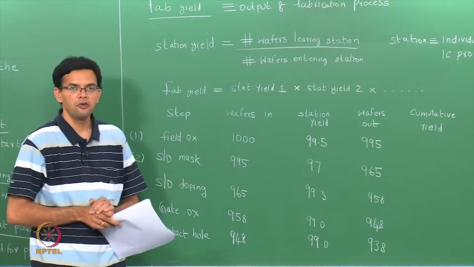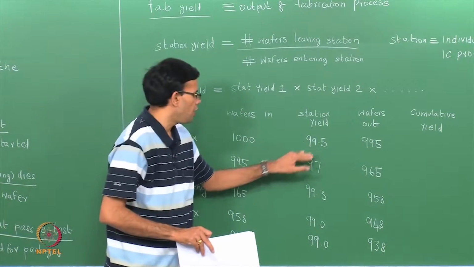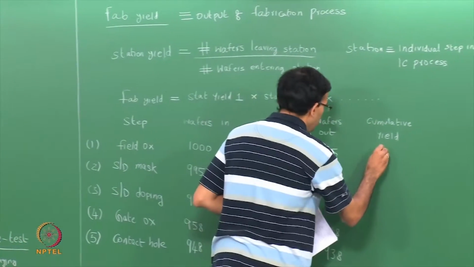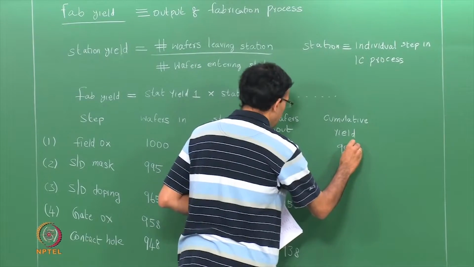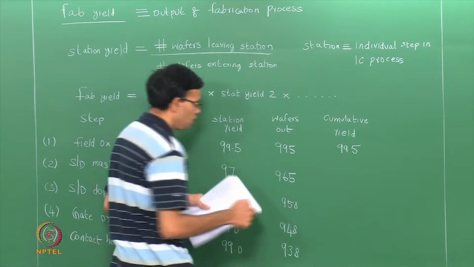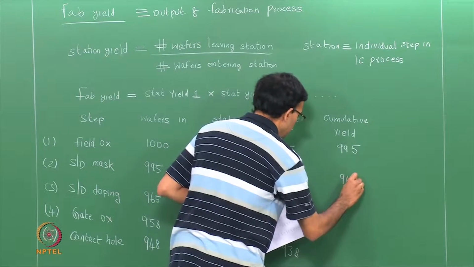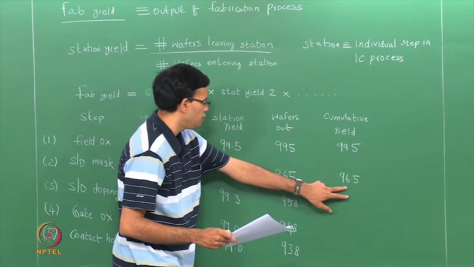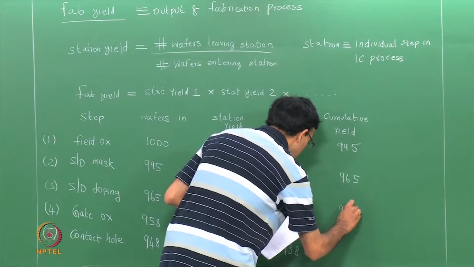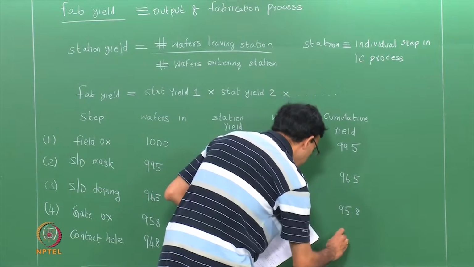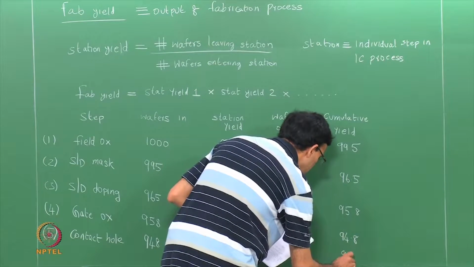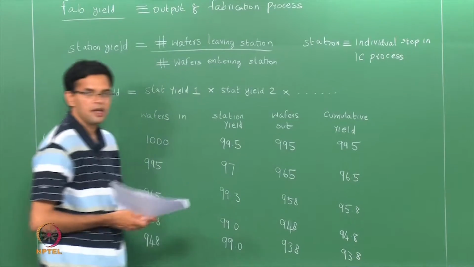We can define a cumulative yield, which is the product of the yield of each and individual step. So, the cumulative yield in the first step is 99.5, then it is the product of these two, which is 96.5, then the product of this with 99.3. So, let me just write the numbers: 95.8, 94.8, and then 93.8.